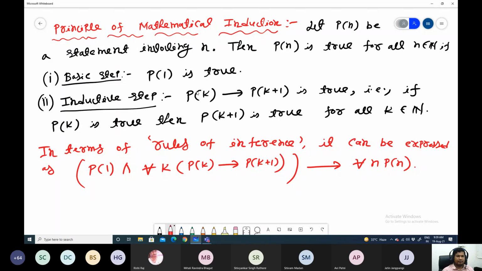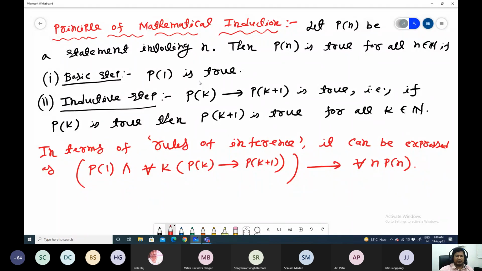And there is another part: it might happen that for the basic step, you have to do 2 or 3 steps. For example, you may need to check P1, P2, P3, these 3, and then you can start the inductive step.